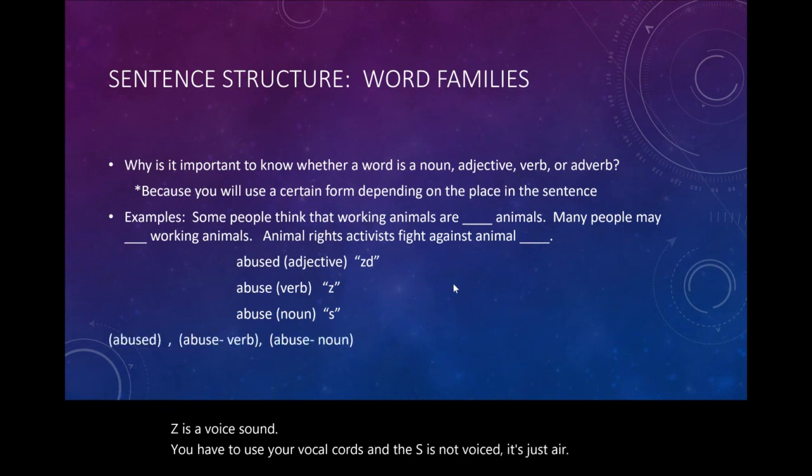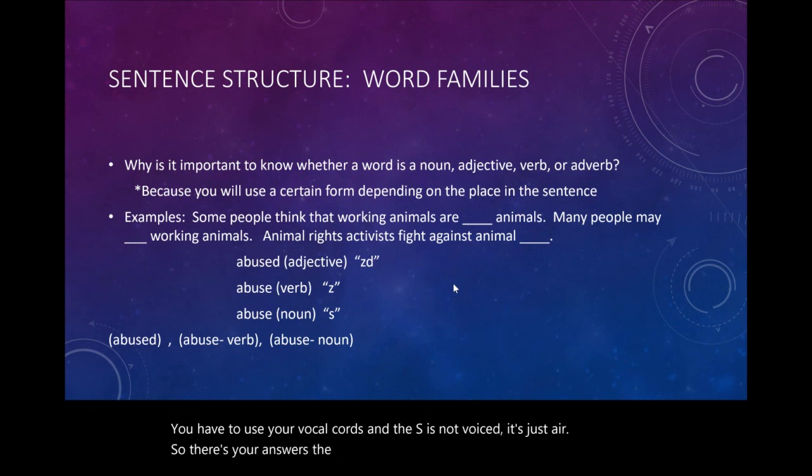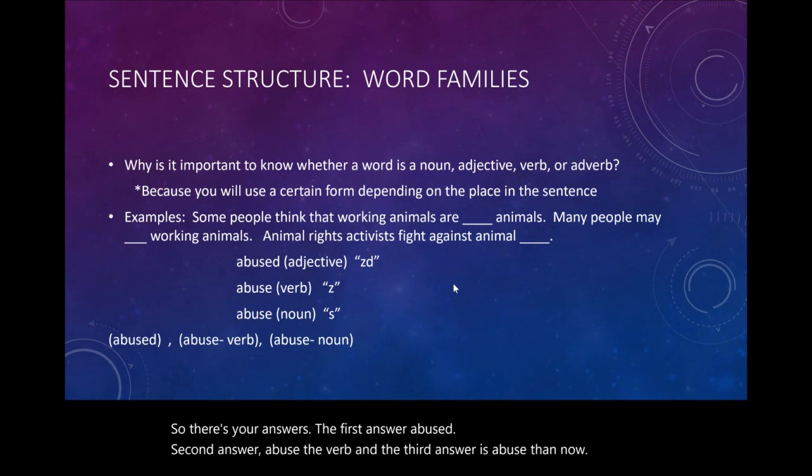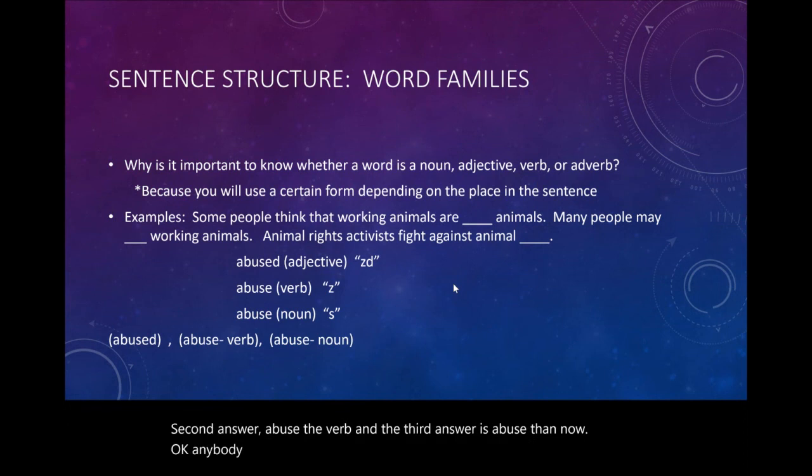Okay, so there's your answers. The first answer, abused. Second answer, abuse, the verb. And the third answer is abuse, the noun. Okay, anybody have questions about this? Any questions?